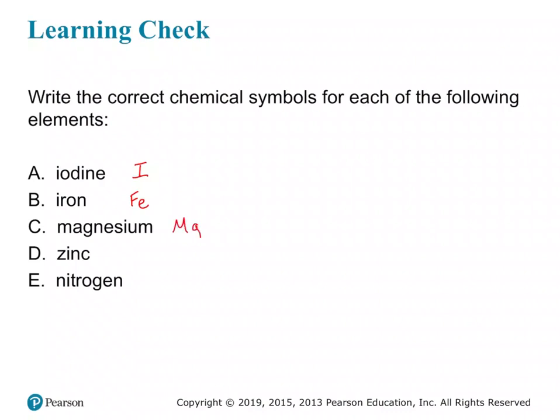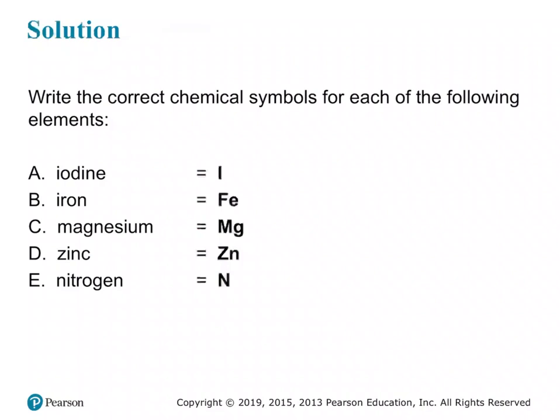It's Mg. That makes sense. What about zinc? Zn. And nitrogen. Capital N. So again, some of these are intuitive and pretty easy to remember, but then there's iron, which is Fe, which is kind of random. Well, I guess not really random. It has a reason, right? Seemingly random.